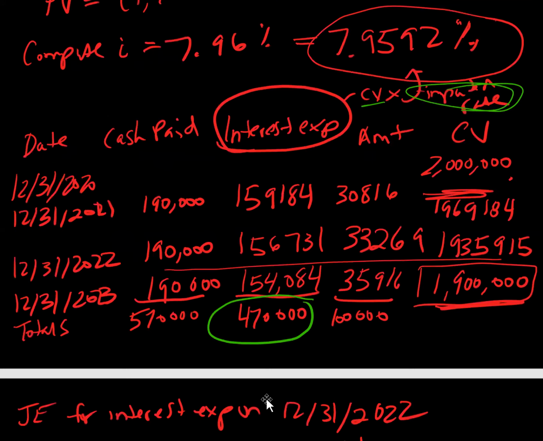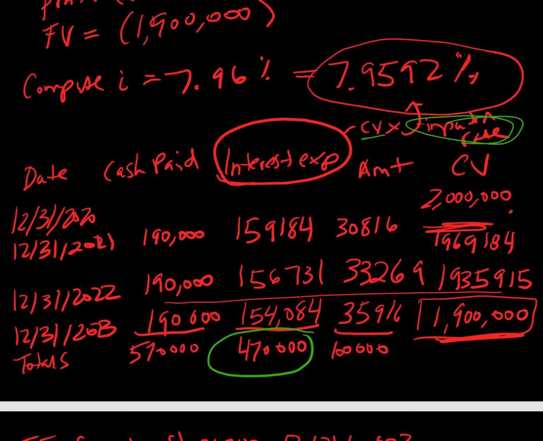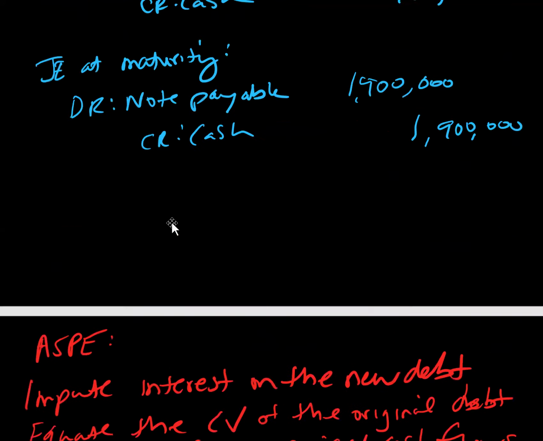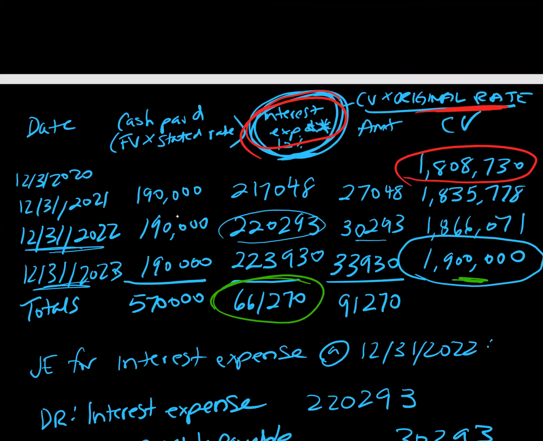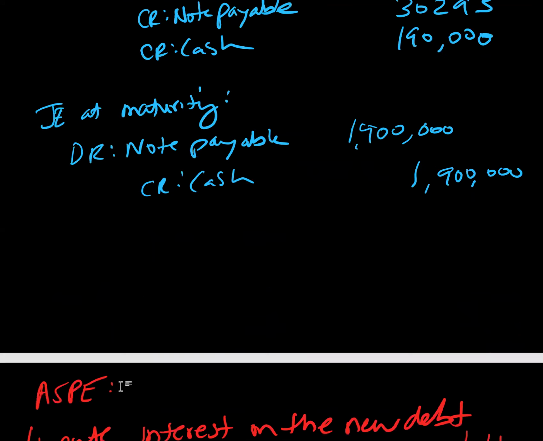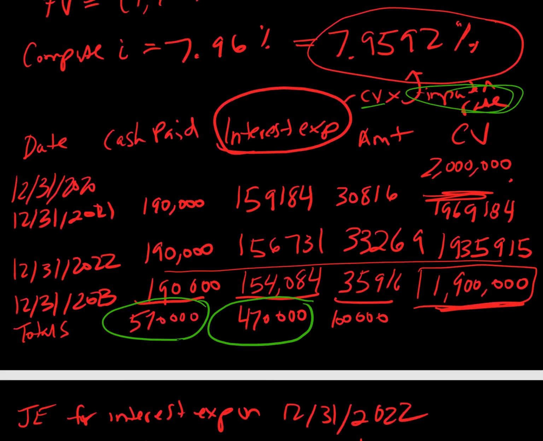Okay. And one more thing, if we look at the cash paid, of course, we know that our payments were 190,000 under ASPE and under IFRS. Of course, the total of the 3 years was 570,000. And here the total of the 3 years was 570,000.